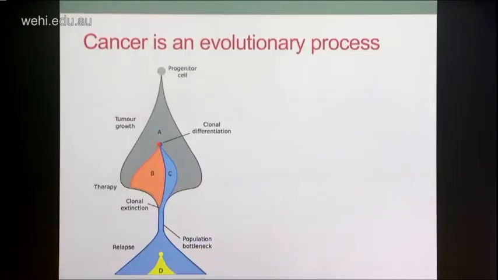So the prevailing theory of cancer evolution is that cancer begins with a single progenitor cell that has acquired mutations that turn it into a cancerous state. And as it acquires mutations, it divides and grows, and the tumour mass grows, and this leads to a differentiation of different clones that have similar genotypes.